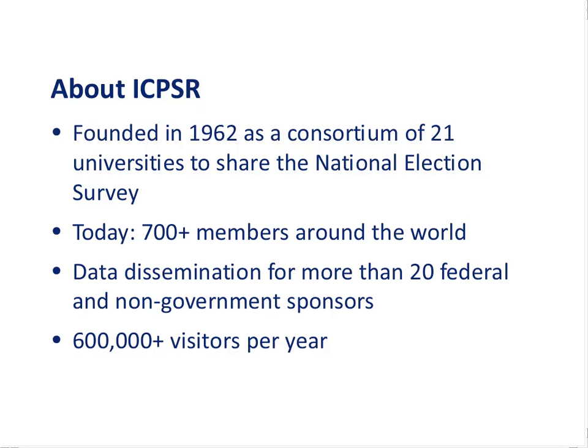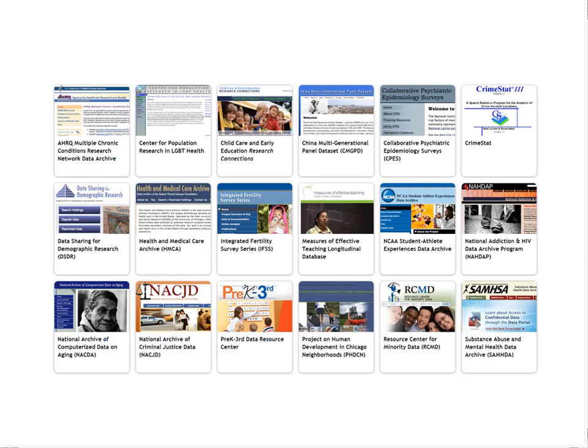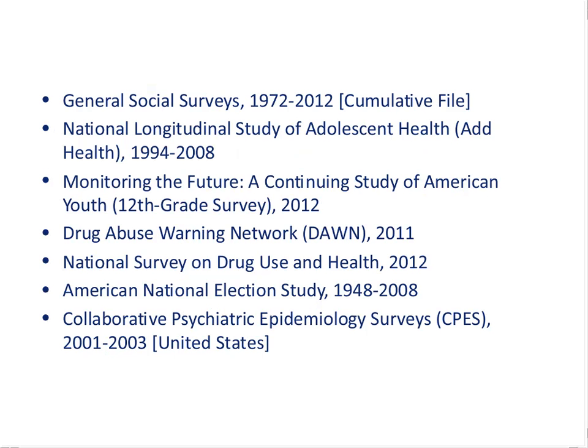We are a membership-based organization, but we also are supported in large part by federal and non-government sponsors who sponsor our topical archives, anything from criminal justice to education to addiction and substance abuse. These are a few of our topical archives. Some examples of popular data we have: General Social Survey, Monitoring the Future, National Election Studies.